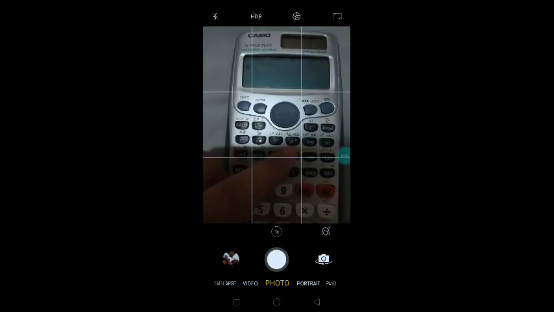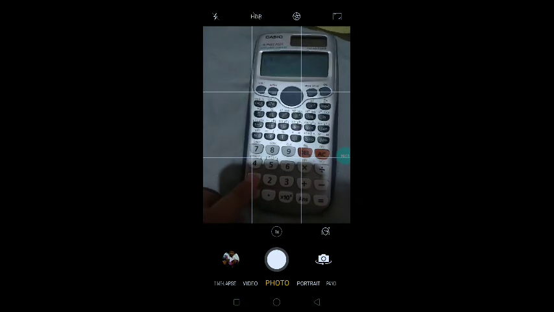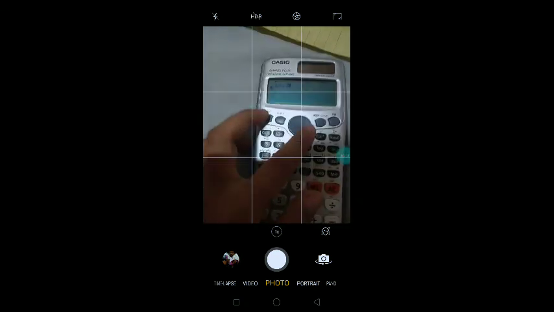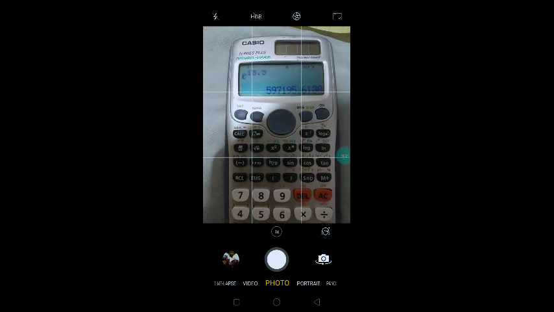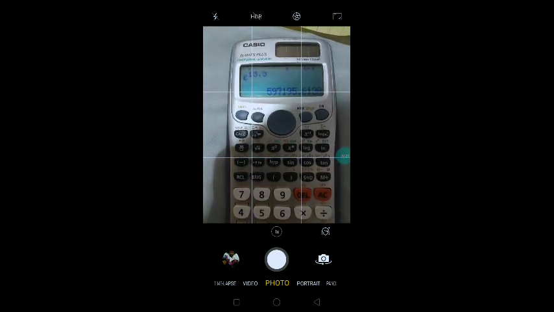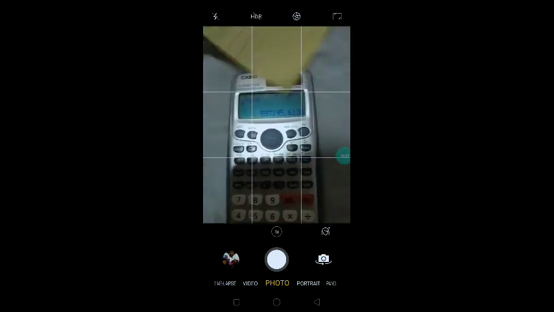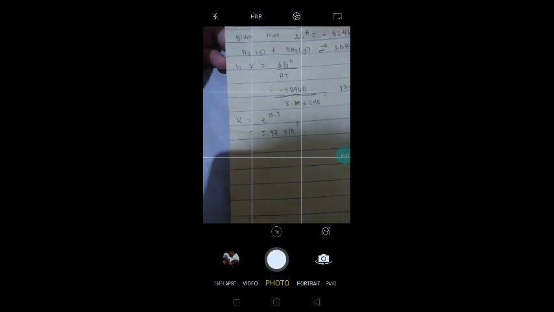Then press the exponent, using this 13.3, so I will type 13.3. So we have now the answer, 597,195.6138, or the same as 5.97 times 10 to the power of 5.